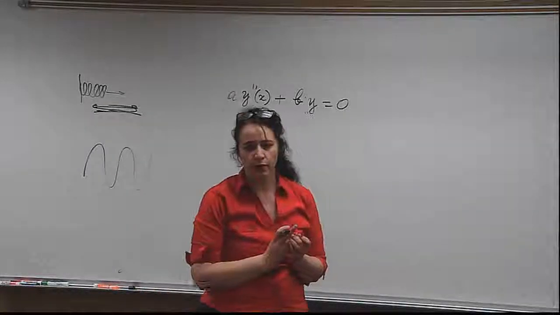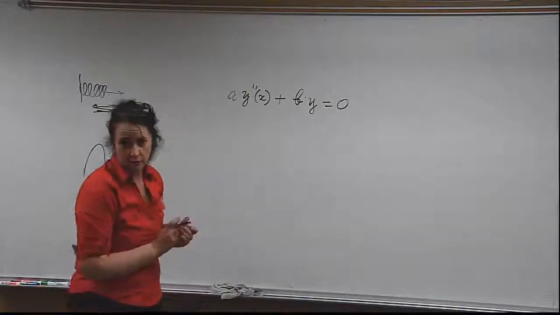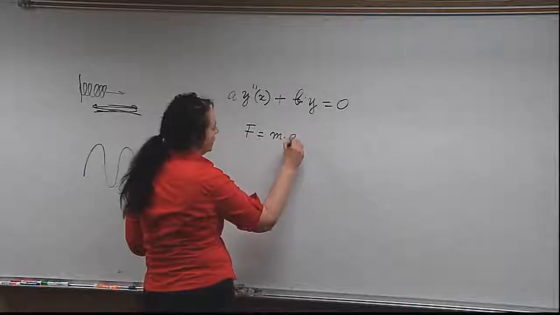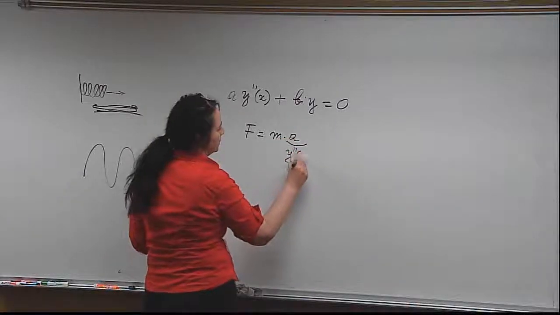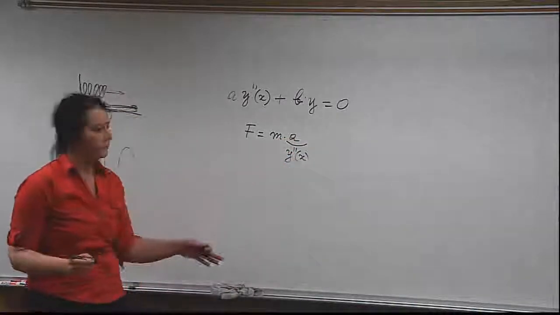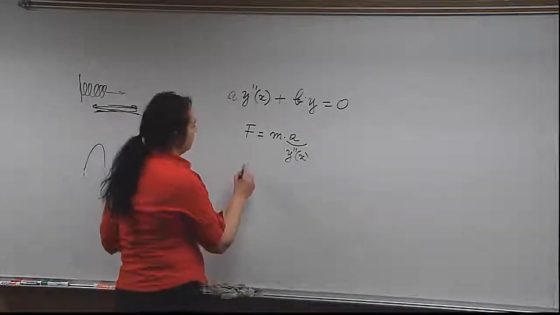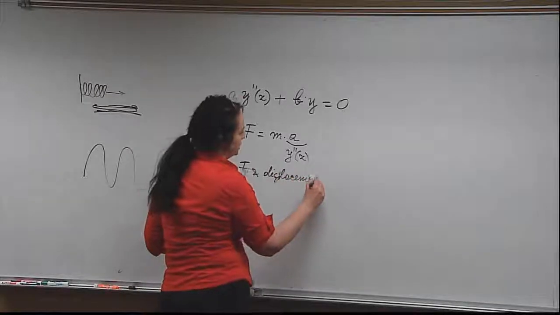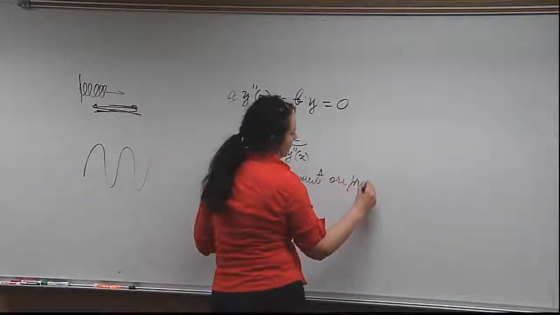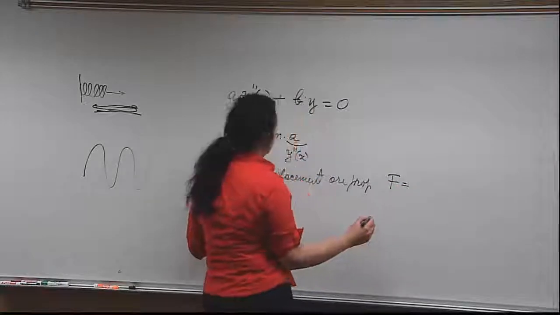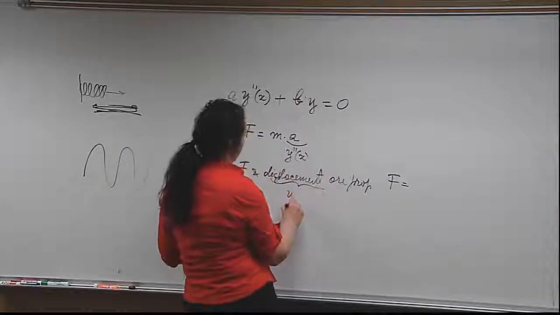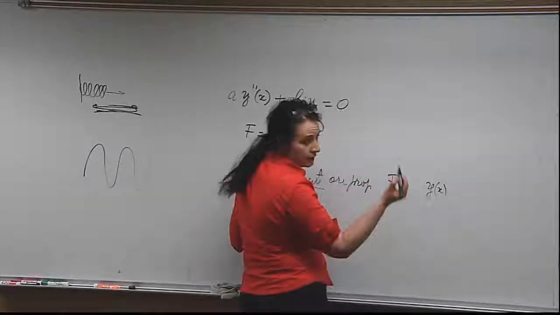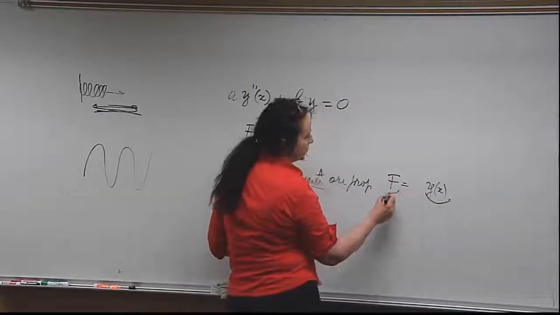Hooke's law tells you that there is a force, and the force is mass times acceleration, and acceleration is the second derivative of the displacement. The force and the displacement are proportional. When you write F equals displacement, let's call it y of x, where x is time, that's the displacement, that's the force, that's the k.